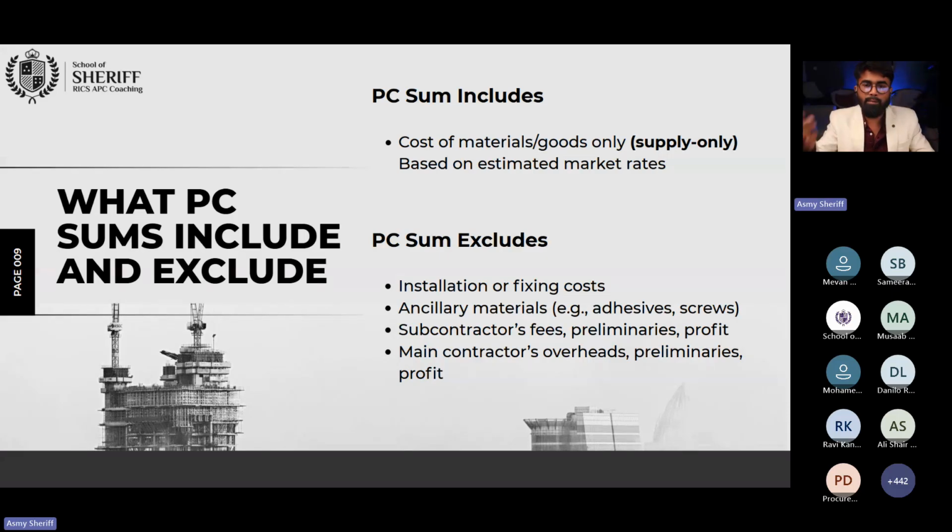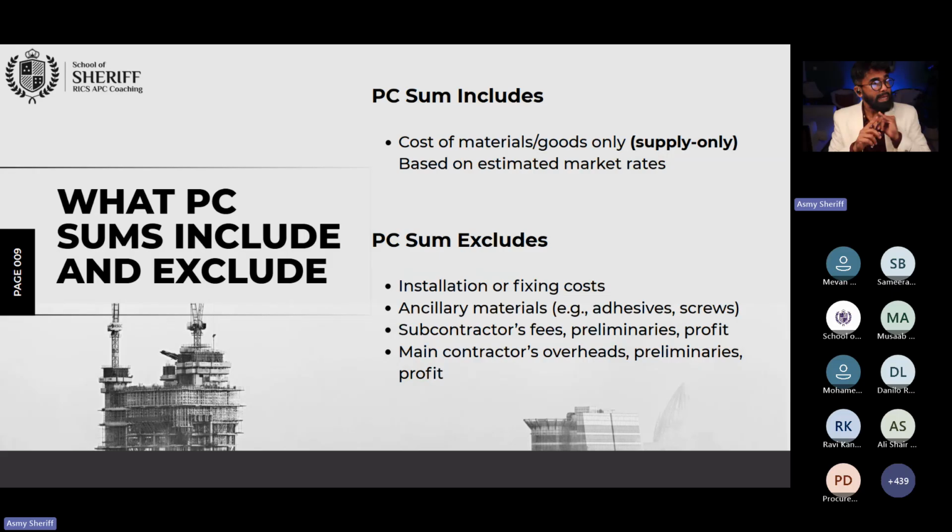For example, while I was working for Taif Airport, the client made certain floor finishes a prime cost. He mentioned that this is the square meter rate, so keep it. Later, I will decide what floor I want, what design, what categories, what technical items. So that's what they made a prime cost sum.